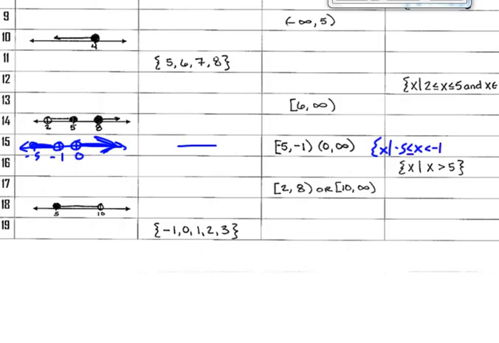I'm including -5, but I'm not including -1. And x is greater than 0. I'm not including 0, and so I don't put the line underneath it. Okay? I don't have to put the element or the set that it belongs to because it can belong to the real numbers.